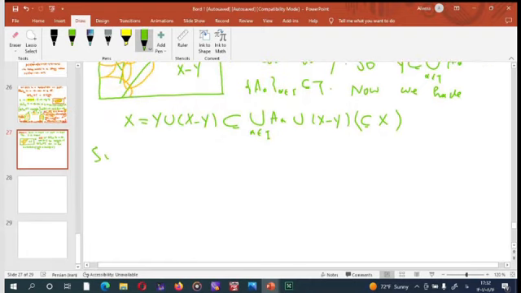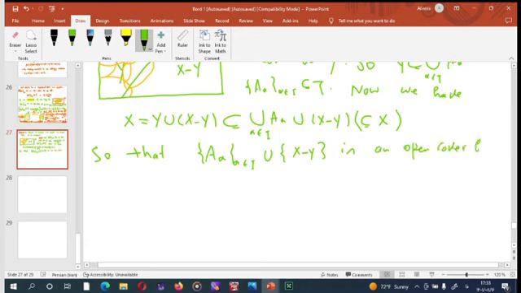So that this collection A alpha union by this complement of Y is an open cover for whole of X, because this union contains X, and all of these are open because A alpha is open for each alpha, and this set is open because Y is closed.